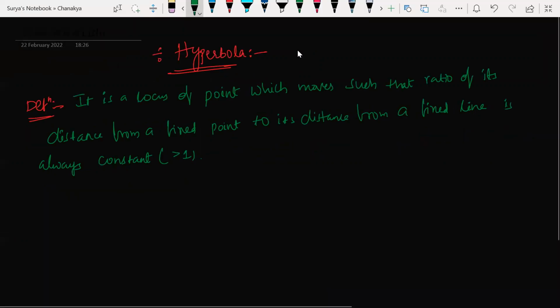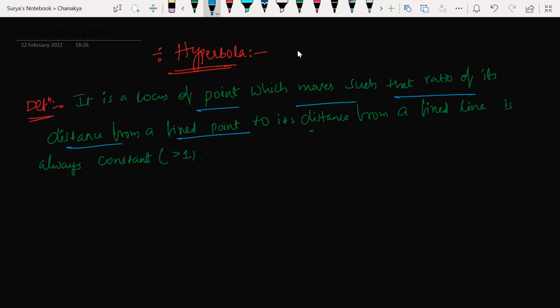Same as the ellipse definition. So hyperbola is a locus of a point which moves such that the ratio of distance from a fixed point to distance from a fixed line is always constant.